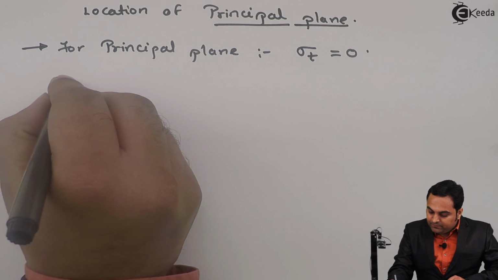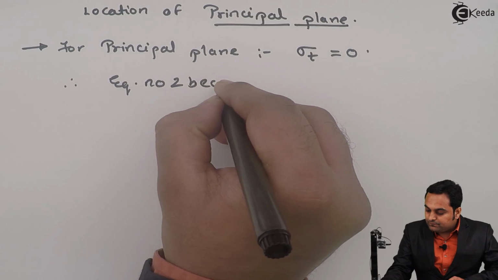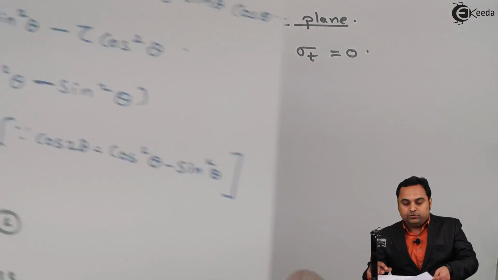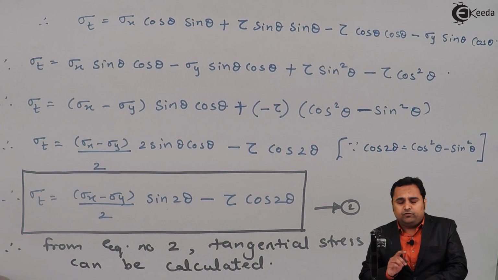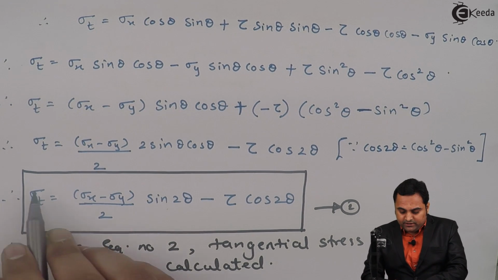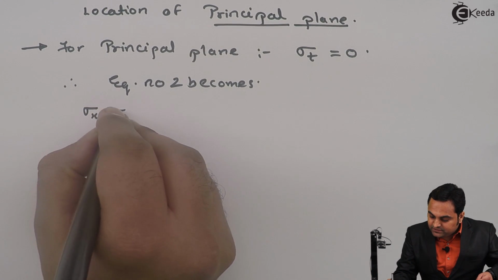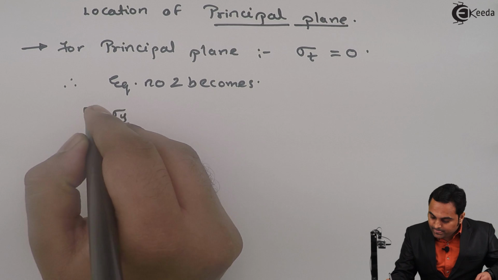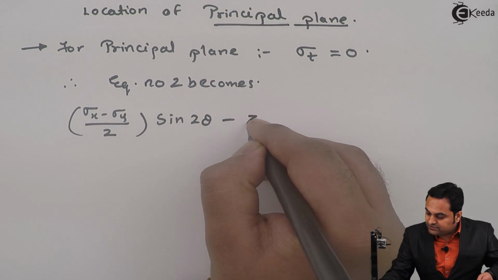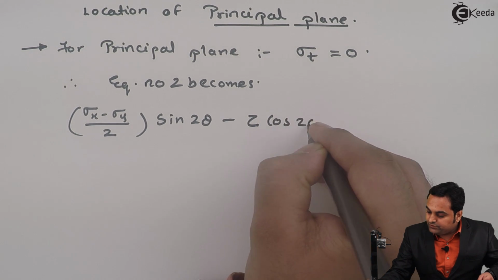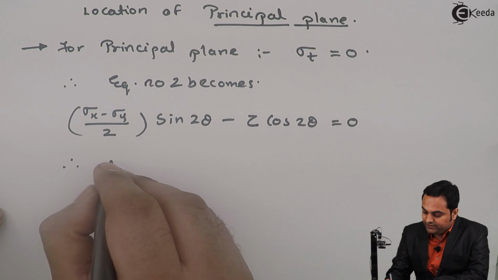So I'll say that therefore equation number 2 becomes, here we have in equation 2 the tangential stress, if this becomes 0, because we want to find the location of principal plane, we can write it in this form, sigma x minus sigma y by 2 sin 2 theta minus tau cos 2 theta is equal to 0. So therefore I'll shift this term onto the other side.